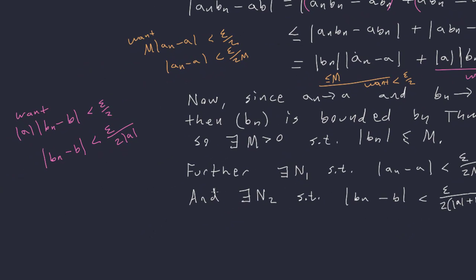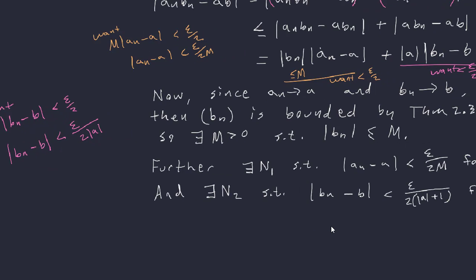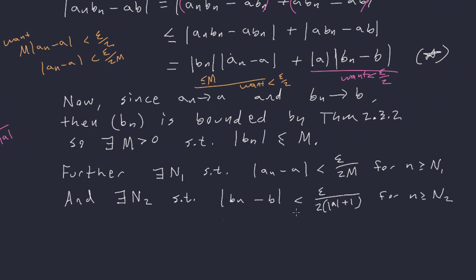And I'll show you in a minute why that works out okay. I just need to make sure I'm not dividing by 0 here. And I don't want to break it into cases. You could, but I don't want to.